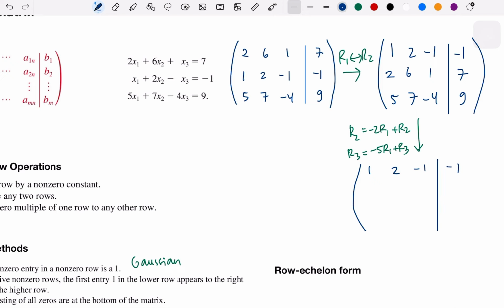So 2, so -2 plus 2 is 0. -4 plus 6 is 2. So plus 2 plus 1 is 3. And then this will be 9. And the third row, -5 plus 5 is 0. -10 plus 7 is -3.